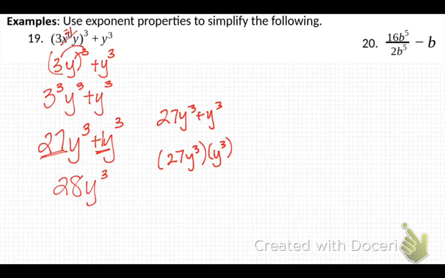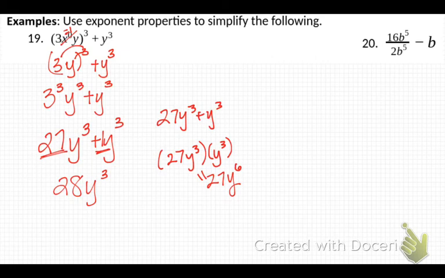What would the bottom one be with the parentheses? That would be 27y to the what power? Not 9. To the 6th power. Because that's when I add my exponents, and that's where you make those mistakes. Does that make sense, the difference between these two? Okay. We're going to keep going.